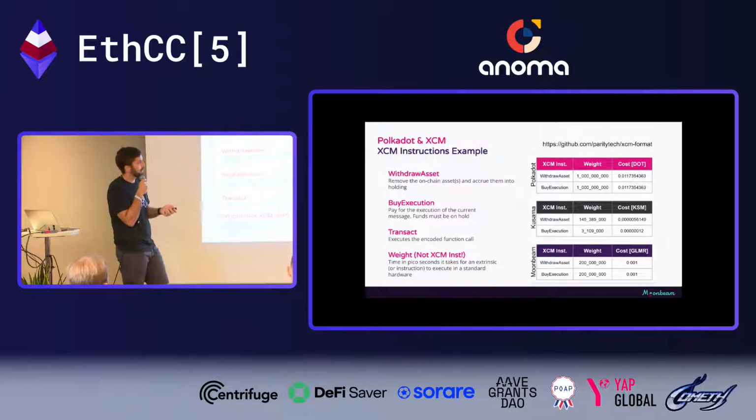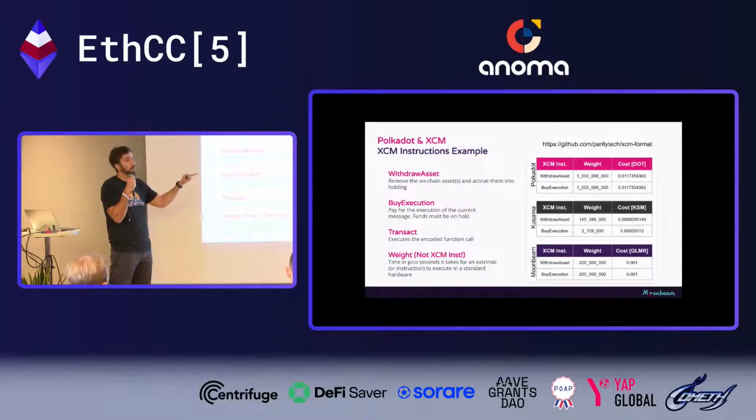The main difference you can notice right away is that, for example, this XCM instruction takes 1 billion weight units on Polkadot, but takes roughly a tenth of that on Kusama, right? And this is because Parity has not actually measured the time that this instruction takes on Polkadot, but they did measure it on Kusama, right?